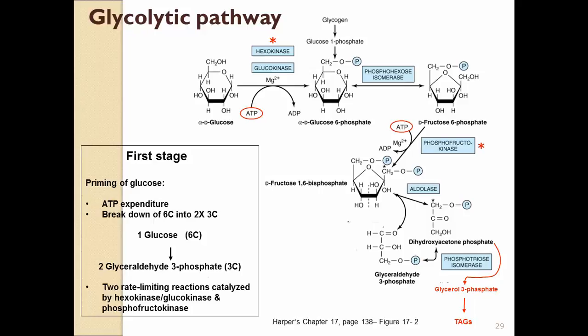So in the first stage, try to remember these 2 key rate-limiting reactions and the key enzymes that catalyze them, what the substrate and the product of each reaction are. And again, this is the ATP-consuming stage.